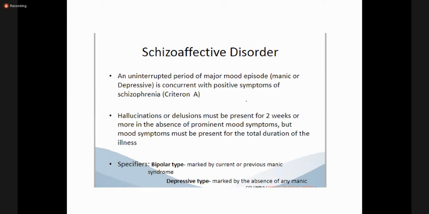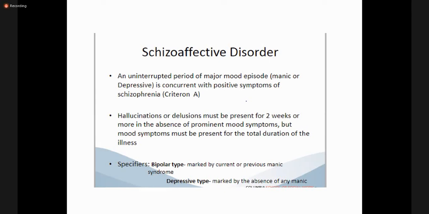Whereas over here, they say positive symptoms of schizophrenia. So in schizophrenia, the delusions or hallucinations are of a variety of types. Paranoid, then there are commanding hallucinations, there are third-person hallucinations. Where they say criterion A, I have not shared it with you because the topic is very confusing as it is.